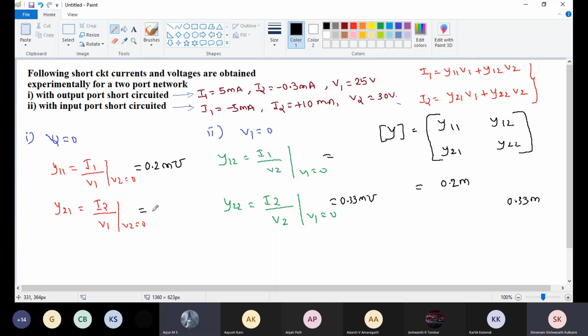We are just substituting. The Y12 is 0.17 millimho. I2 is 0.3 divided by 25. How much? Sir, Y12 I'm saying. 0.17, plus. Next, Y21.